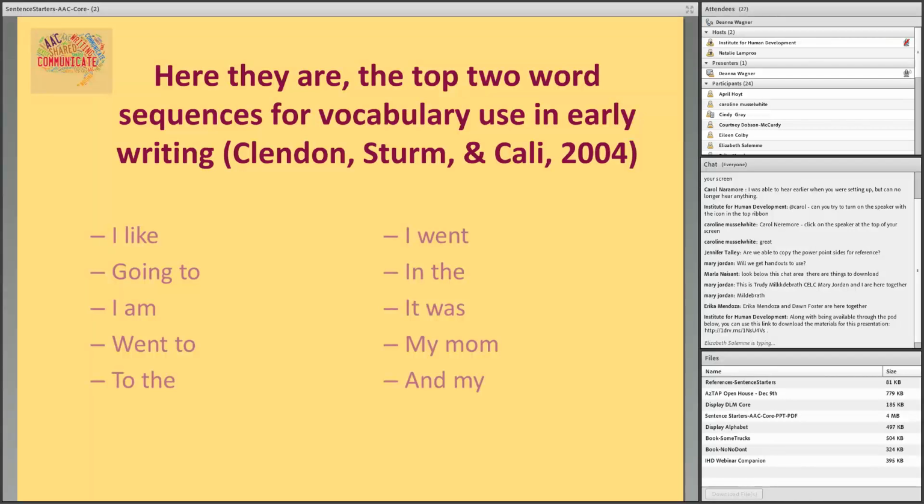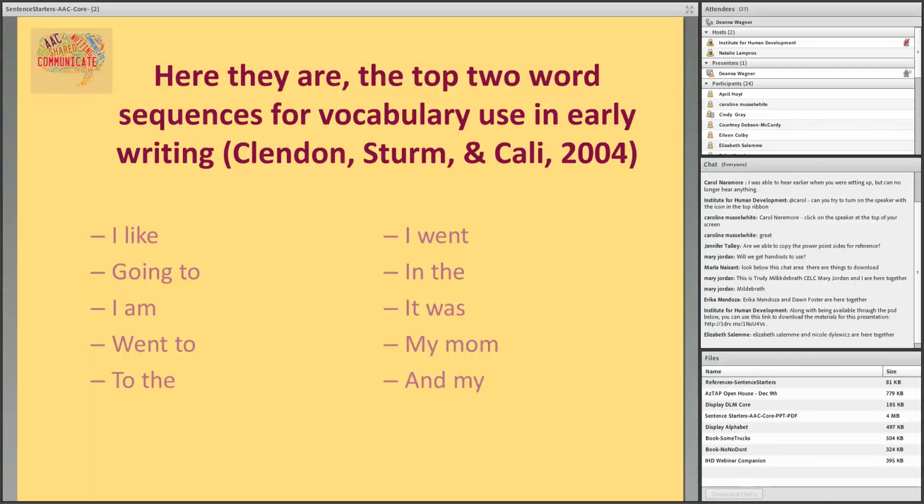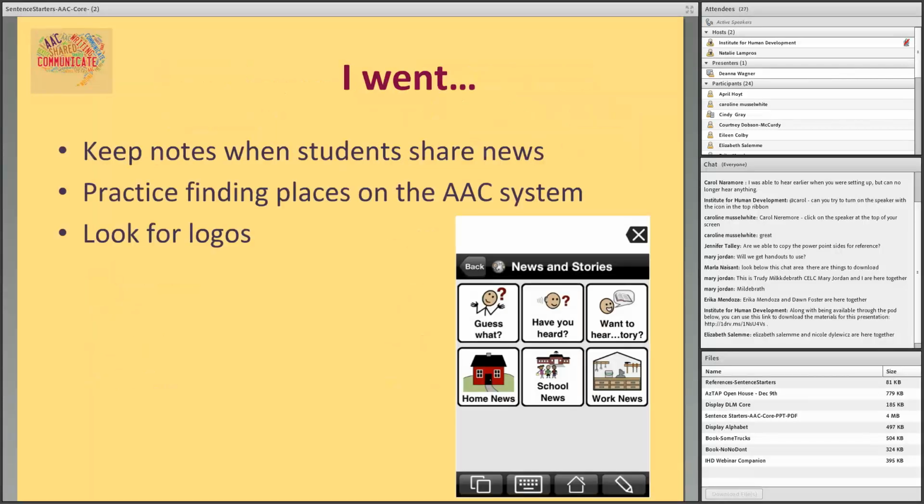Again, having opportunities to combine words helps students to talk about more communicative functions, so to be able to do things other than just making requests. So we can talk about where I went as one of the common frames used in the journaling of young writers.